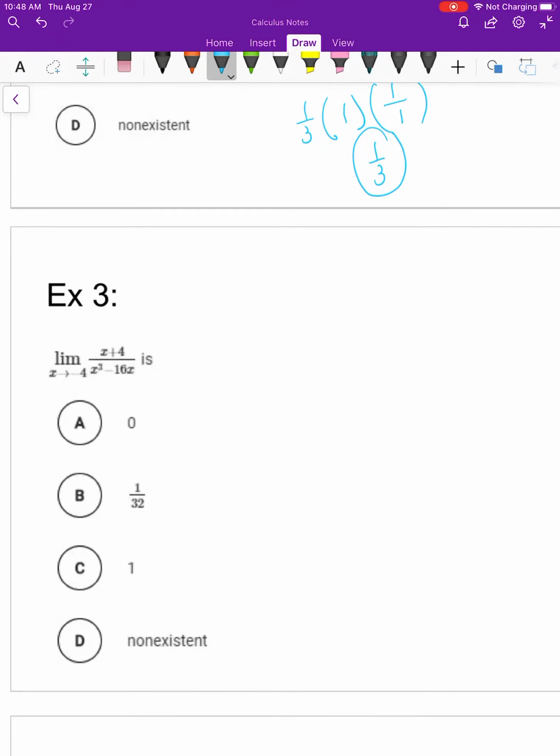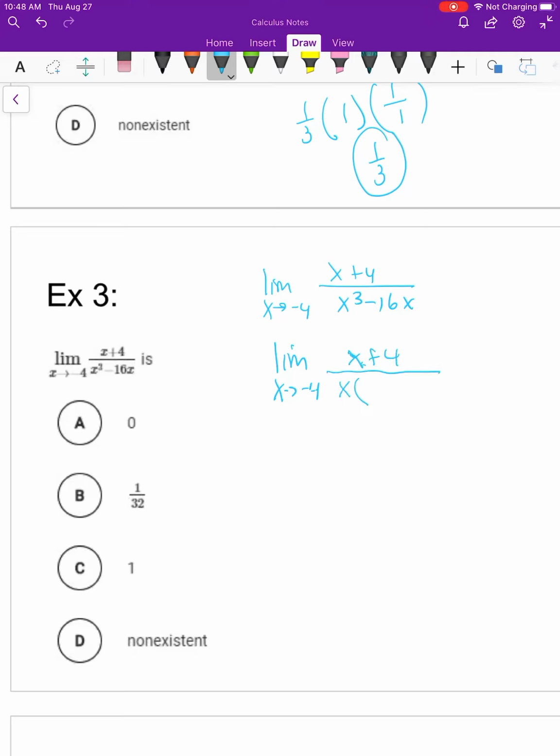Example number 3, we've got the limit as x approaches -4 of x plus 4 over x cubed minus 16x. If we use substitution right now, we're going to get division by 0. So that's what we're going to try and not get.